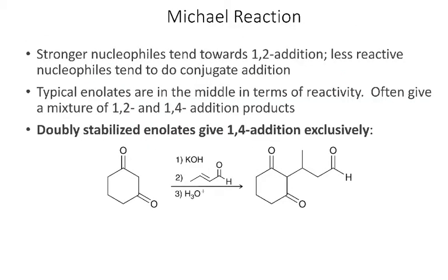As we mentioned on the previous slides, strong nucleophiles tend to give us 1,2 addition, whereas weaker nucleophiles tend to give us the 1,4 or the conjugate addition. Typical enolates are in the middle in terms of reactivity.